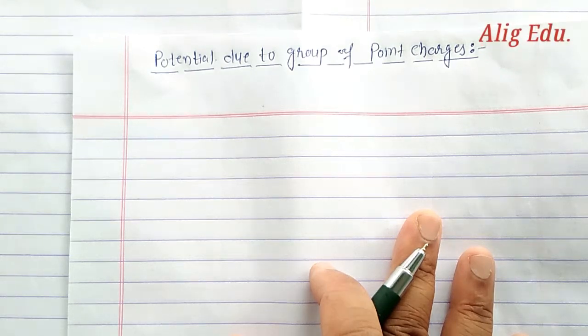So next topic is potential due to a group of point charges.